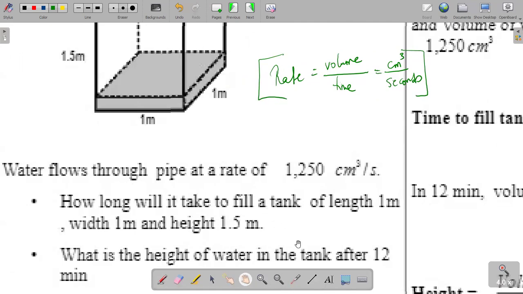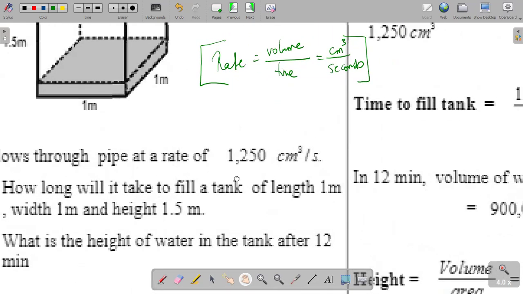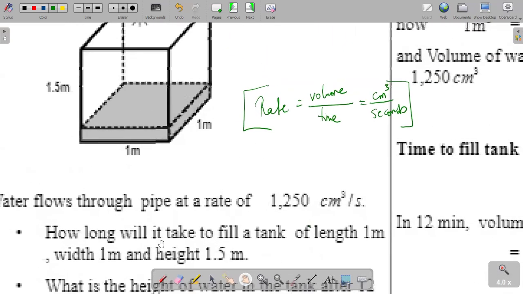Same types of questions continuously come. How long will it take to fill up a tank of length 1 meter, width 1 meter, and height 1.5 meters? So let's look at this. What information do we have from this sentence here?